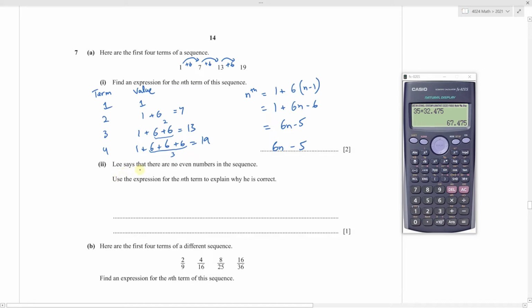Part 2 is: Lee says there are no even numbers in this sequence. Use the expression for the nth term to explain why he is correct. So the nth term is this 6n and then minus 5.